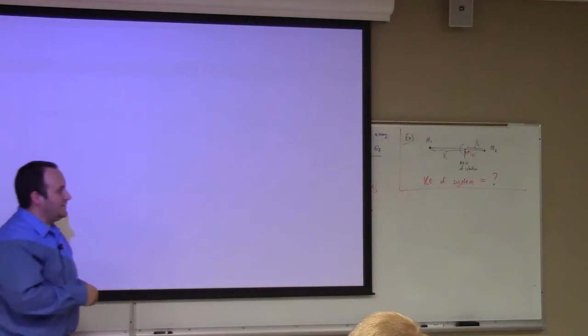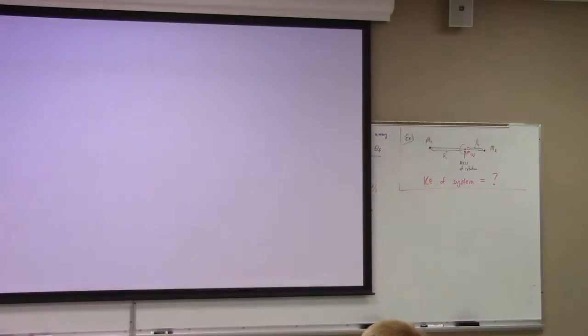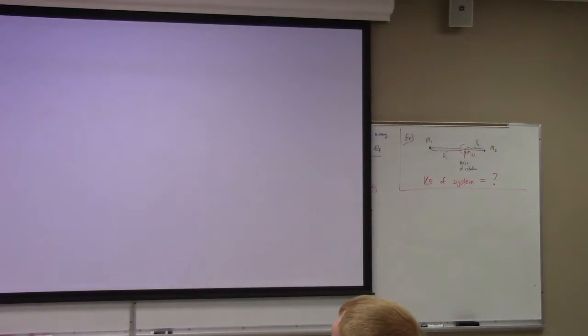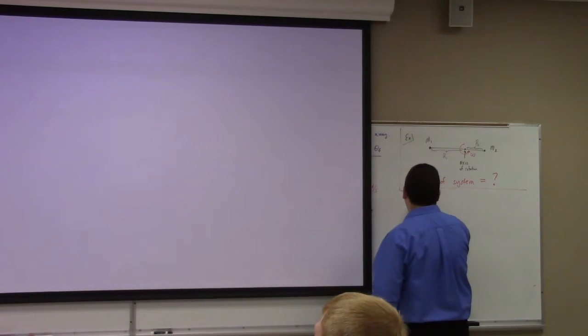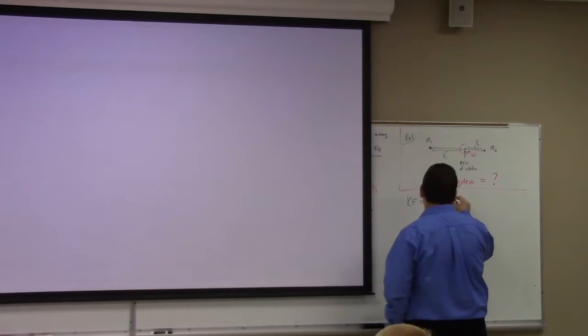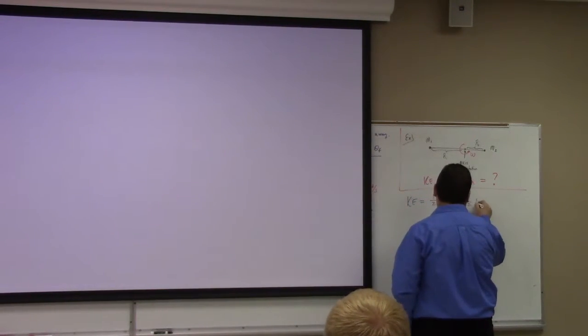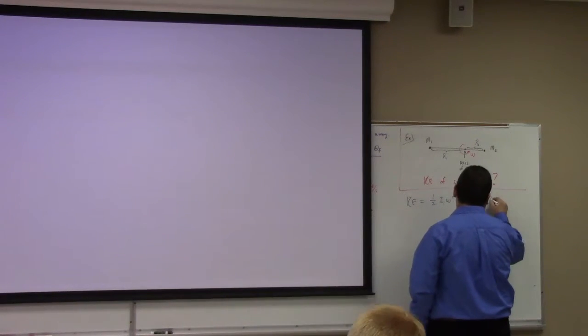So the kinetic energy of such a system, let me turn on the lights for just a second. What we do is we say kinetic energy is 1/2 I1 omega squared plus 1/2 I2 omega squared, right?